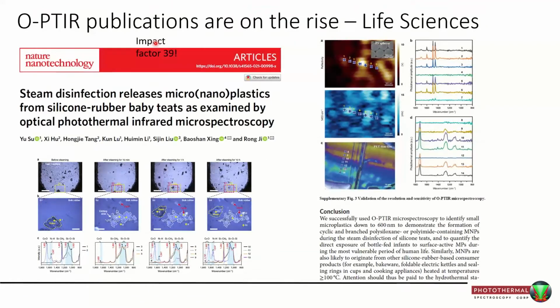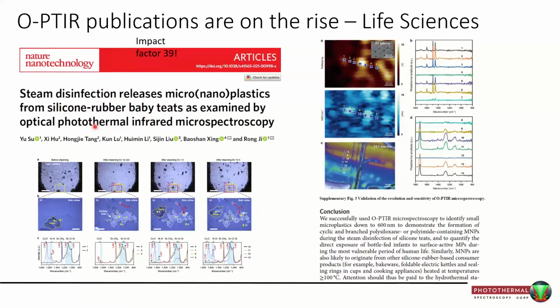But one that's just come out in early November of this year, literally a few weeks ago, and this is a huge one, with an impact factor of 39 in Nature Nanotechnology, was all about how baby bottle teats or nipples can release hundreds of thousands, in fact millions of silicone and elastomer microplastics just through the act of steam sterilization.